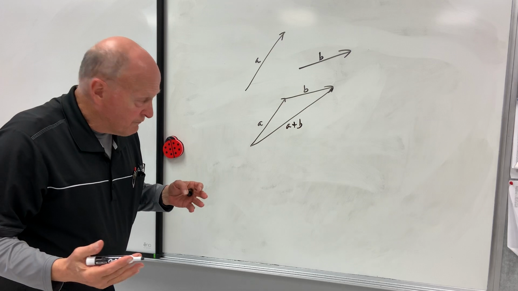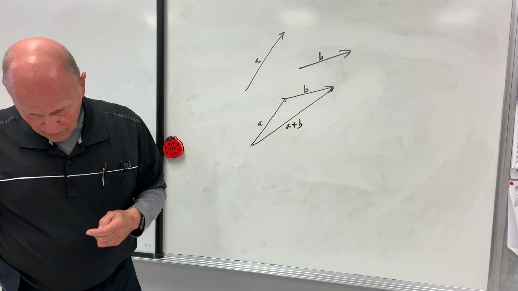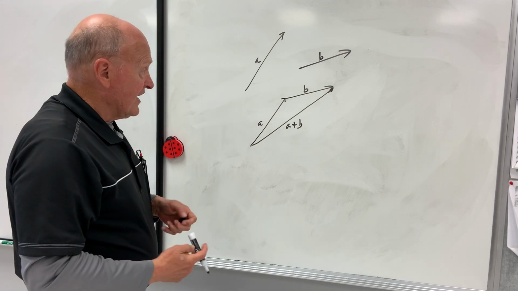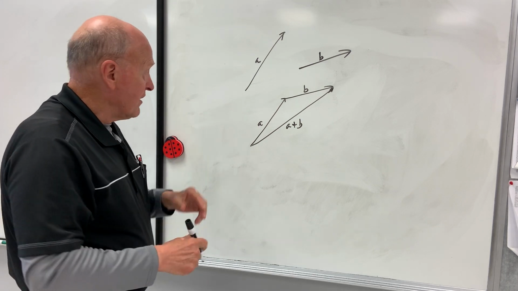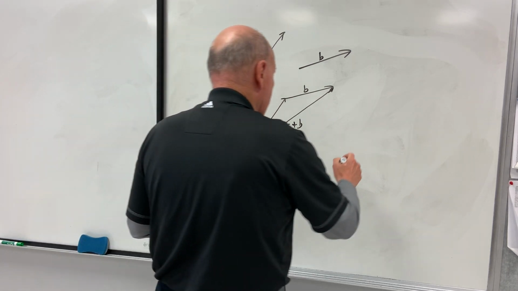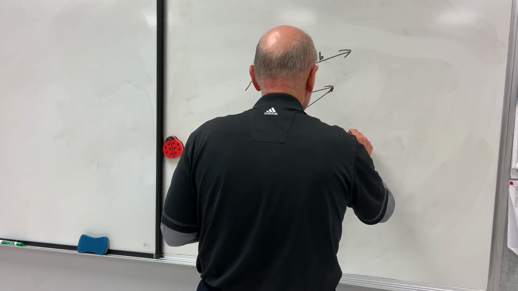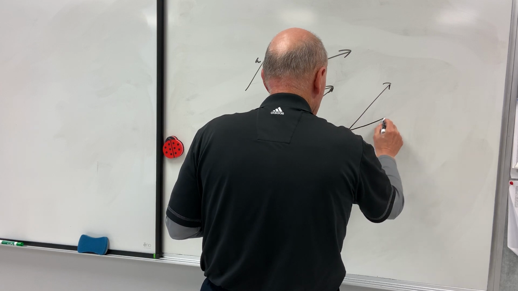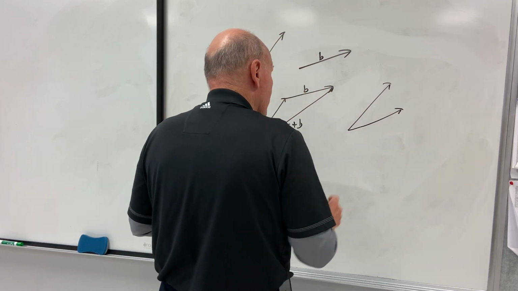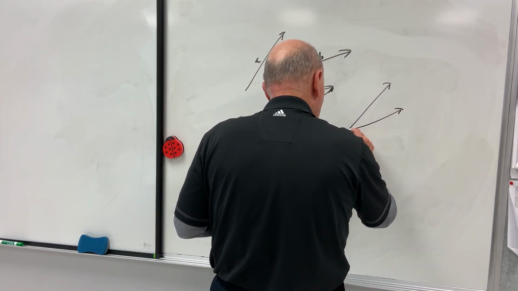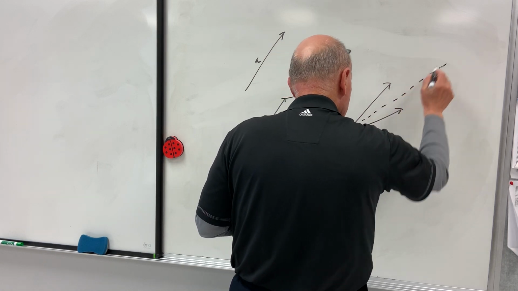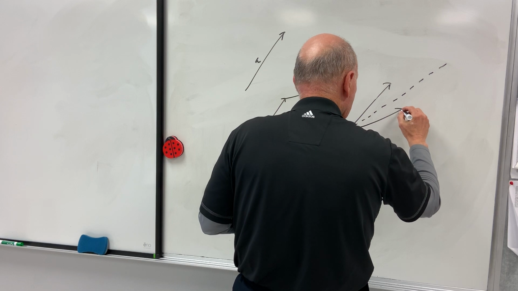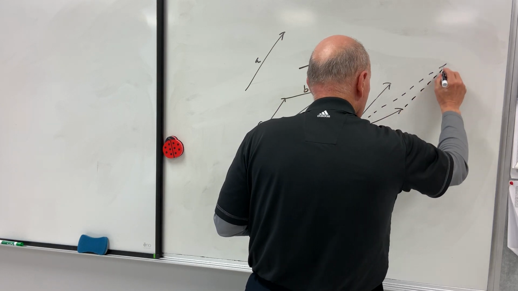Now, that's one way of doing it. They go through a process, and it gets you to the same place, and they call it kind of a parallelogram type thing. They would take A like this, and they would take B like this, and then they're going to draw a line that goes kind of down through the middle of it for A plus B. And basically all they've done is taken this vector and placed it here.